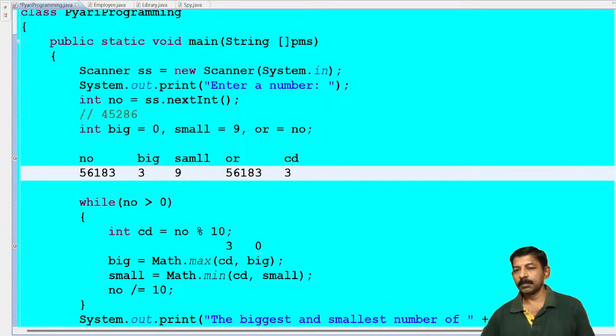Understood big part? Everyone understood big part? Those who are having doubt, they can ask me so that I will do the dry run again quickly. Excellent, understood.